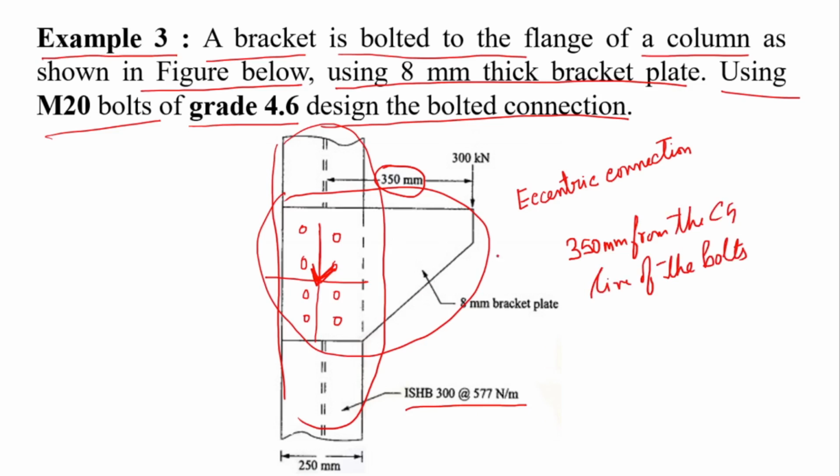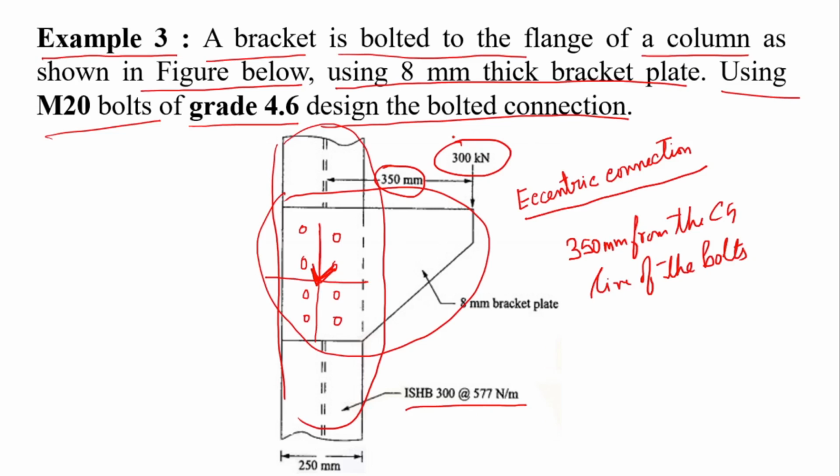That's why it is called the eccentric connection. As the external load is not passing through the CG line of the bolts, this external force will create some moment about the CG line of the bolts. We can call it eccentric bolted connection, as we are going to use bolts for this connection.